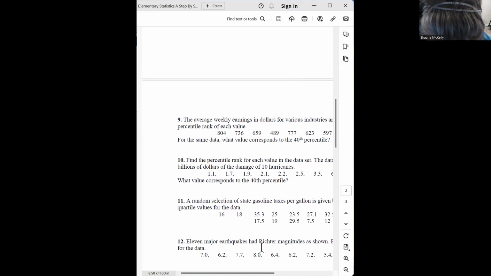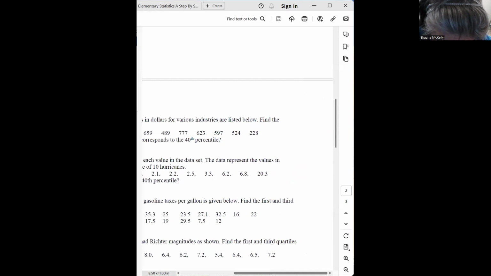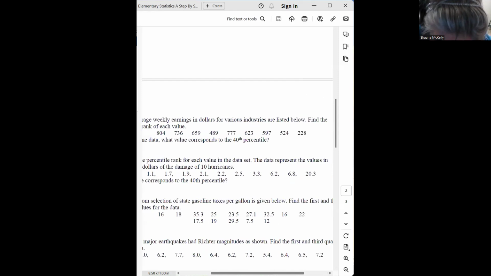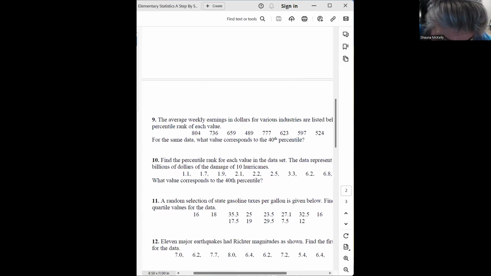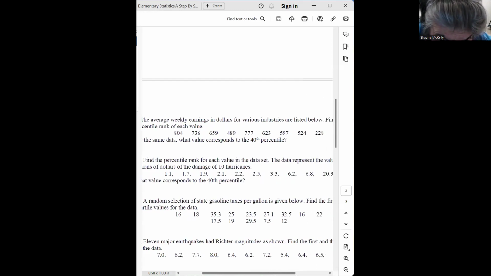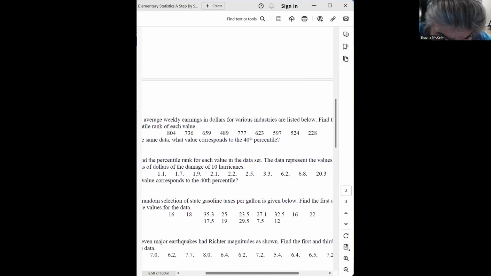Well, here's my data. I need to move my locations over. So there's my data. And I think that's everybody.